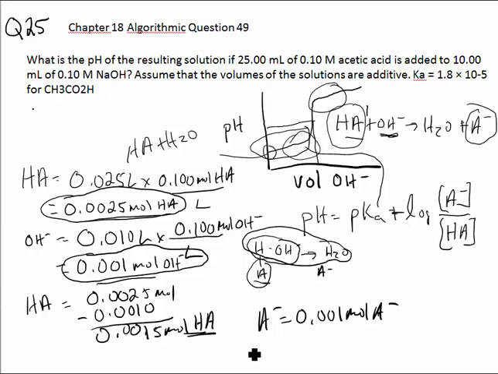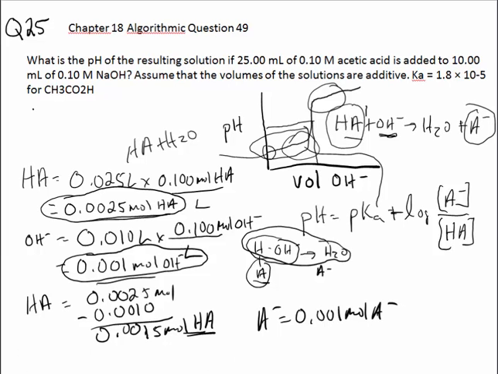And then we have to use our equation, and I'll do that now. So we'll use Henderson-Hasselbalch: the pH is equal to the pKa plus the log of the A minus concentration over the HA concentration.